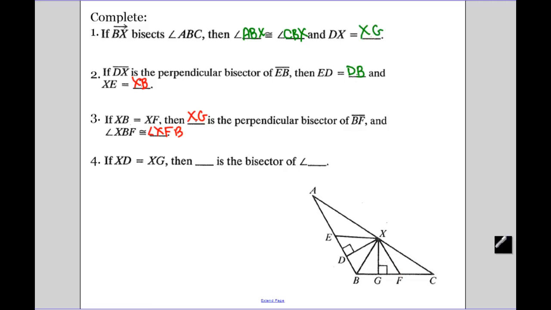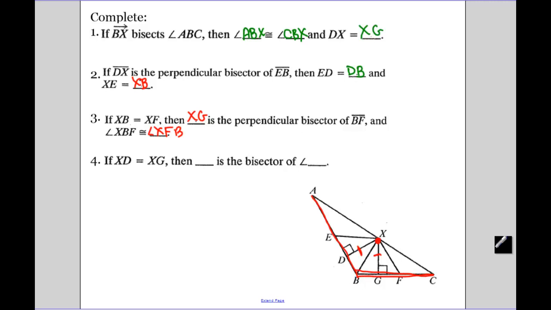Okay, XD is equal to XG. This segment is equal to that segment, then something is the bisector of another angle. Okay, so both of those intersect at X. So where do those intersect at X? Those are both equidistant from the edges of angle ABC.